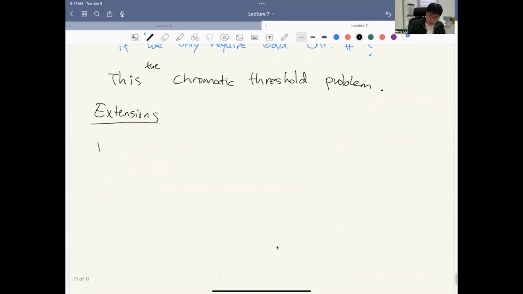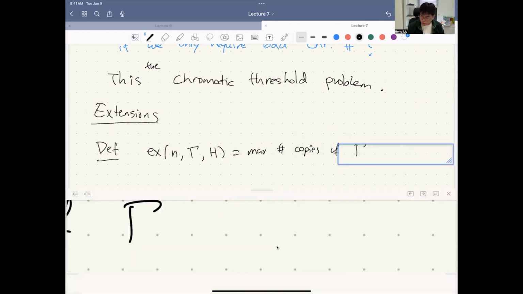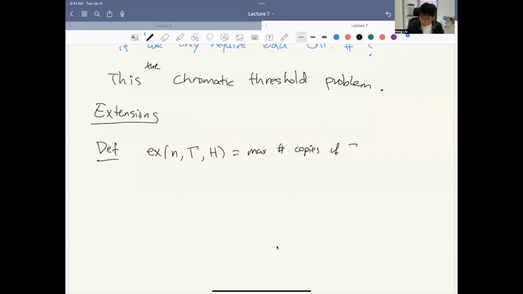Let's define ex(n, Γ, H) to be the maximum number of copies of Γ in an n vertex H-free graph.